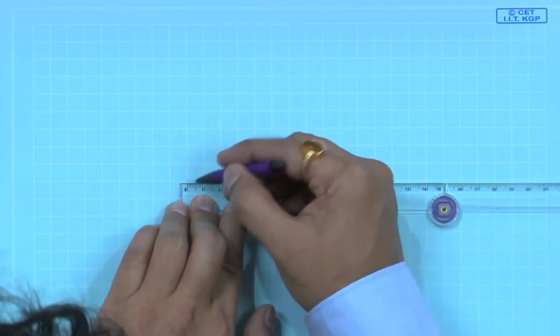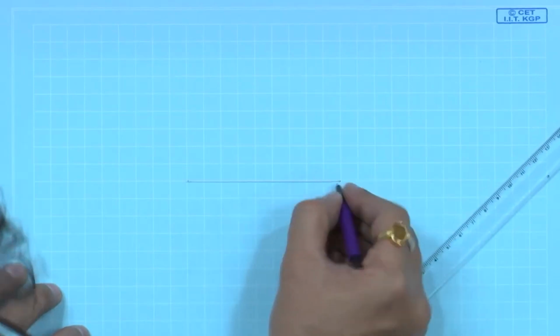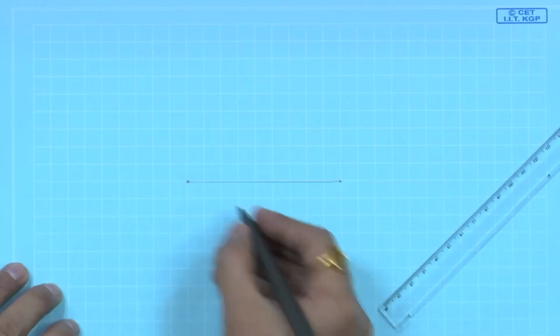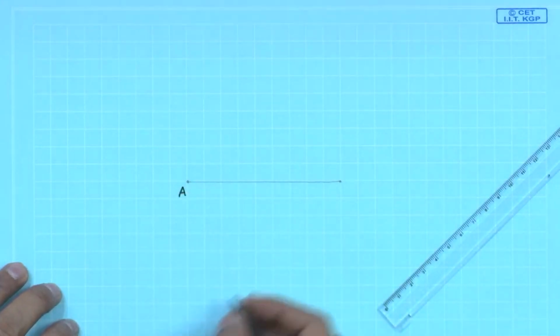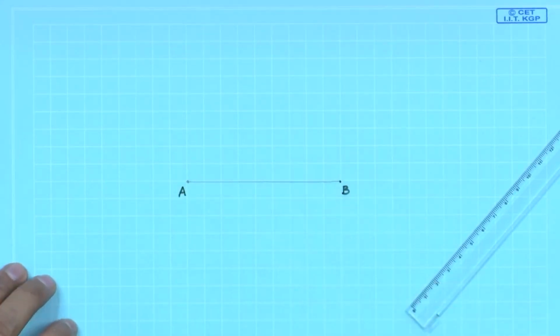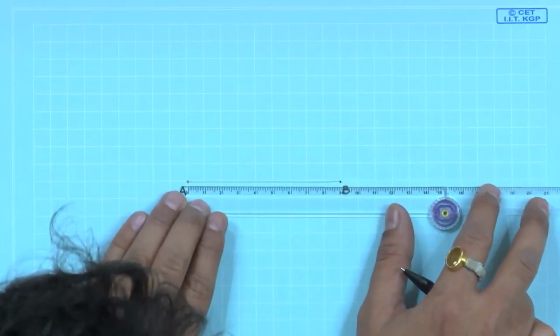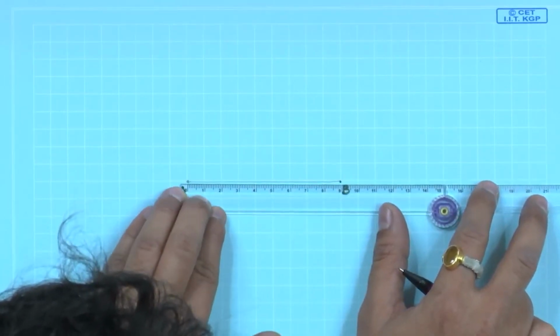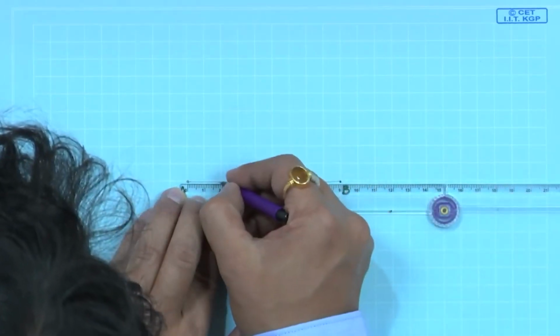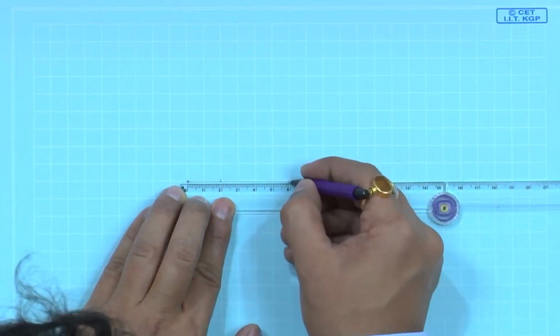We have already marked this 90 mm. This one and this one, let us call point A and point B. First, we have to construct a 20 mm radius circle and a 30 mm radius circle. So, 20 mm is here and 30 mm is here.